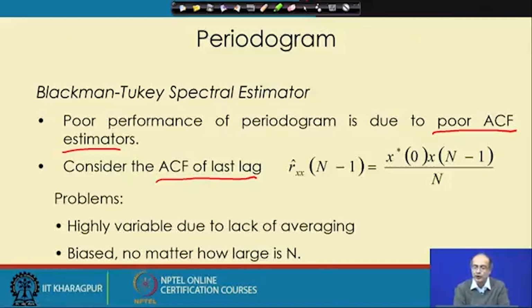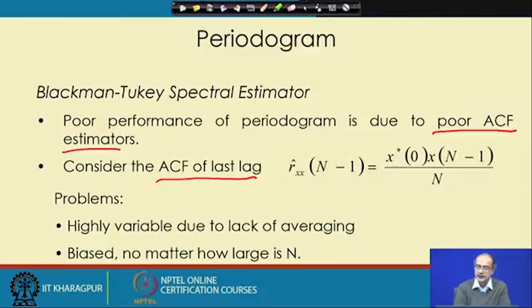Here we do not have any averaging. In fact, for lag 0 we had all N terms to average. As we increase the lag, the number of terms reduces linearly, and for the last lag there is no averaging at all.